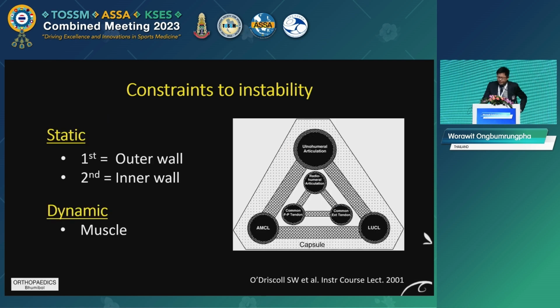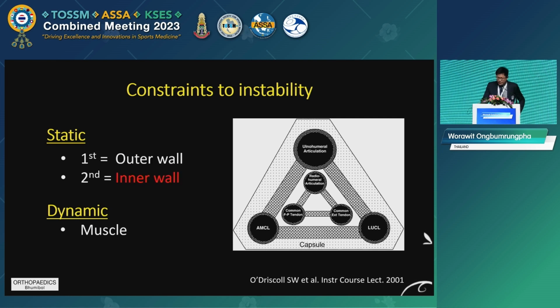This is the diagram proposed by Dr. O'Driscoll in 2001. It is composed of static and dynamic stabilizers. The static ones are composed of an outer wall and an inner wall, like a castle. The primary stabilizers are the ulnohumeral joint, which depends on the integrity of the coronoid, and the other two primary constraints are the anterior bundle of the MCL and the lateral ulnar collateral ligament.